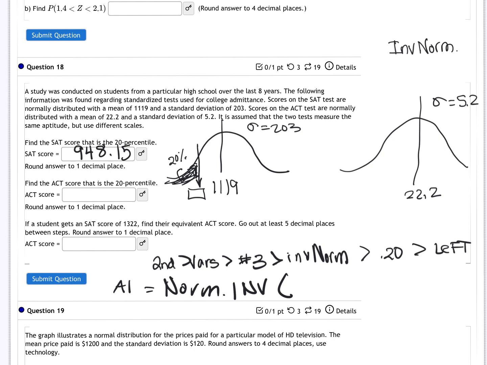And it also allows me to put in my mean, which is 1,119, and my standard deviation of 203.